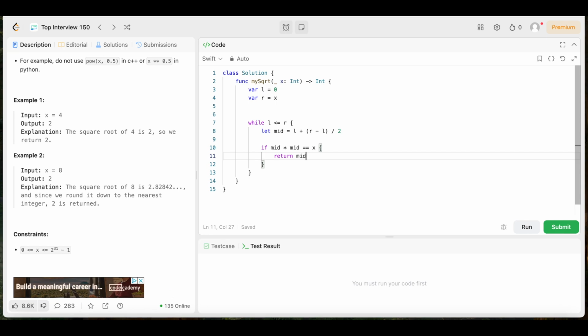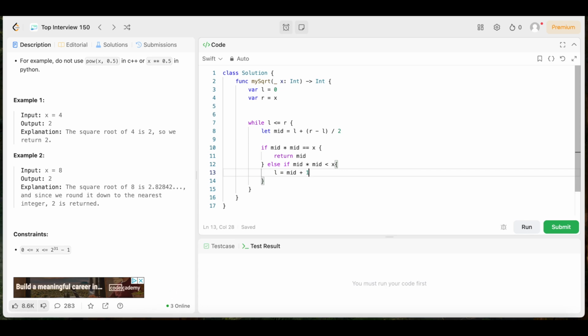Now, if mid squared is less than x, we need to move L plus 1. So we can say else if mid times mid is less than x, then we're going to say L equals mid plus 1.